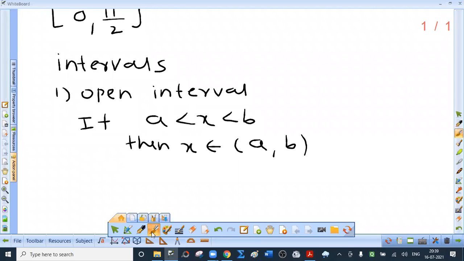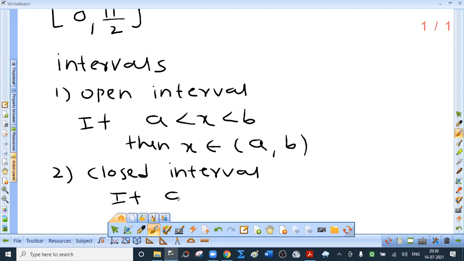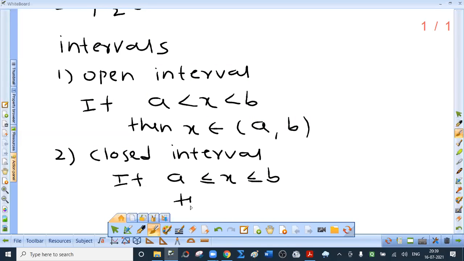Another is closed interval. You have to take the literal meaning. Closed interval means what? If a less than or equal to x, less than or equal to b, then we say x belongs to, this is the Greek alphabet epsilon.